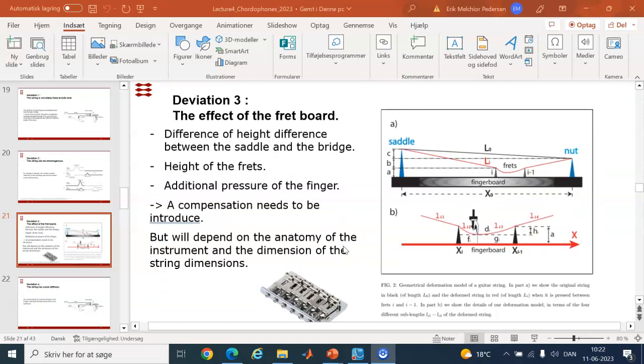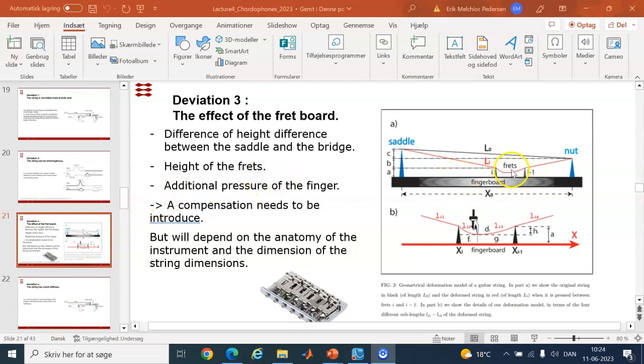Deviation number 3, the effect of the fretboard. And fretboard, that means guitar bånd in Danish. Difference of height between the saddle and the bridge.